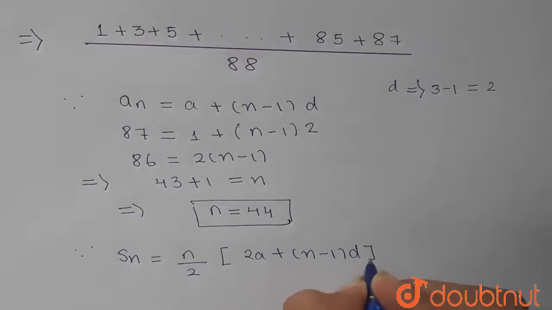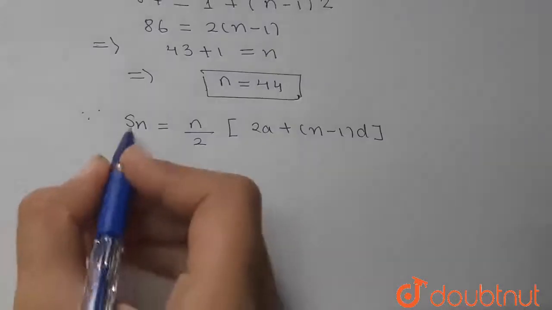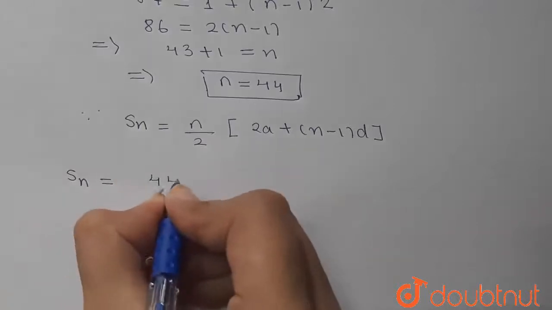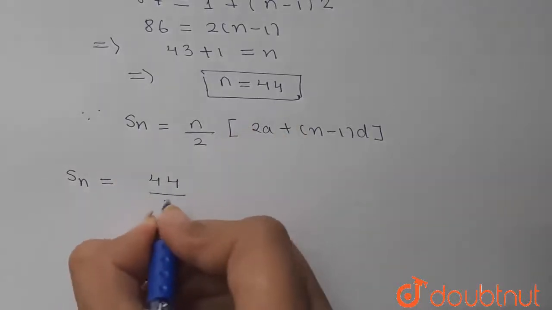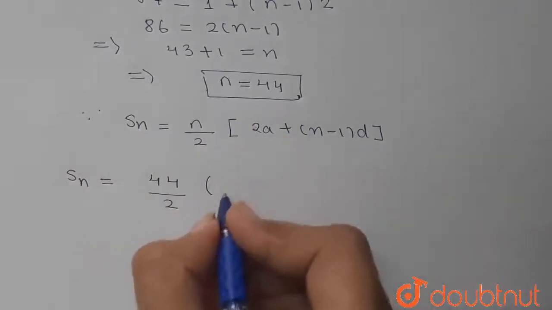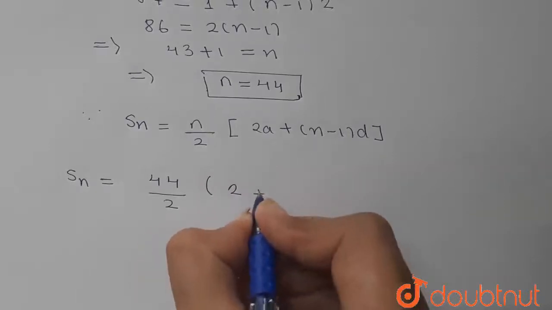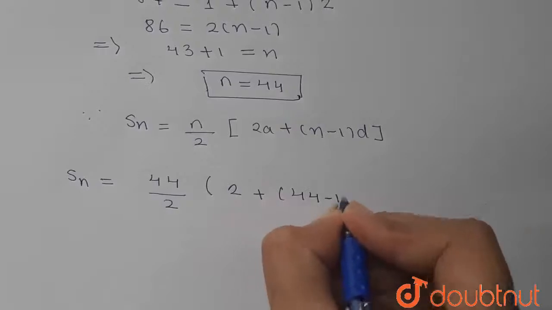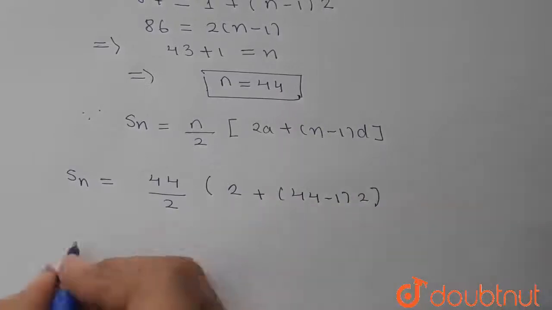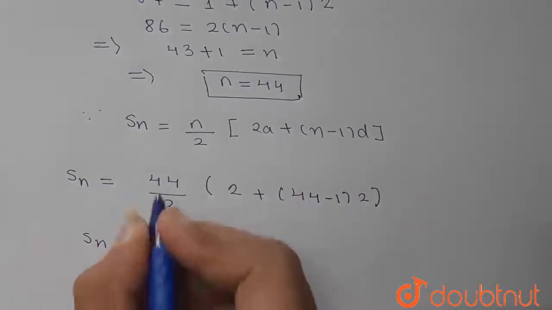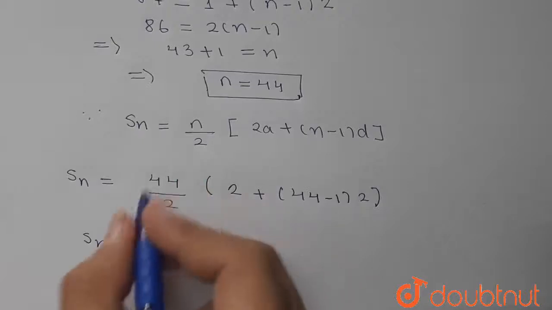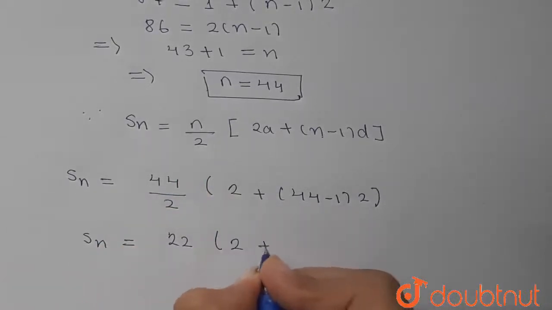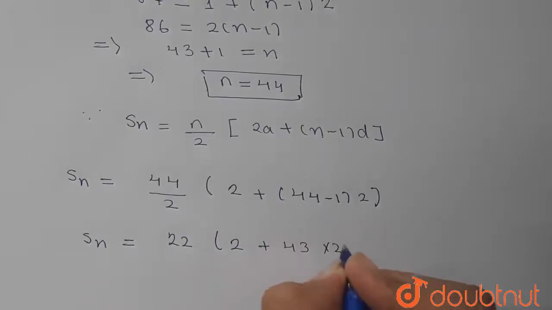Putting in the values, we get the numerator part, S_n, equal to 44 divided by 2 into 2a, where a is 1, so 2 into 1 is 2, plus n minus 1, that is 44 minus 1, into d, which is 2. On solving this, S_n is 44 divided by 2, which is 22, times 2 plus 43 into 2.